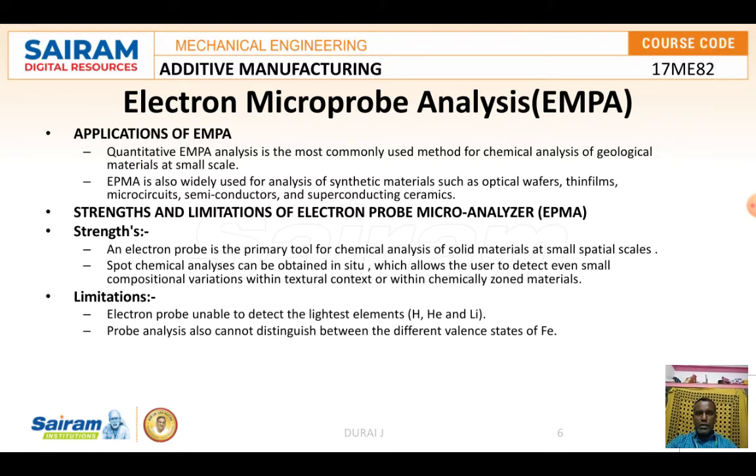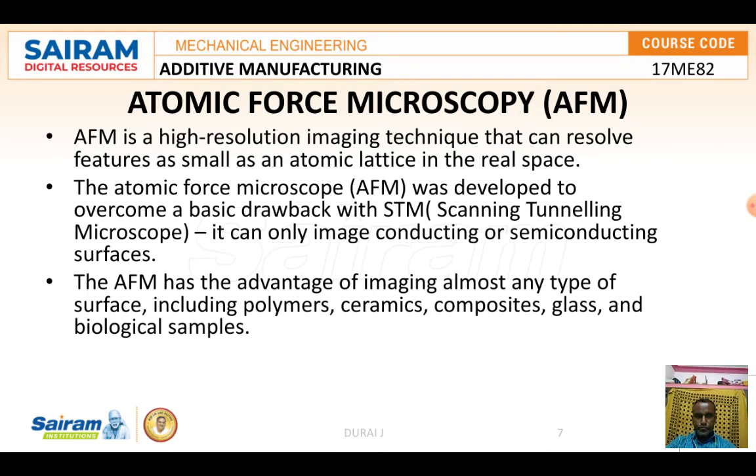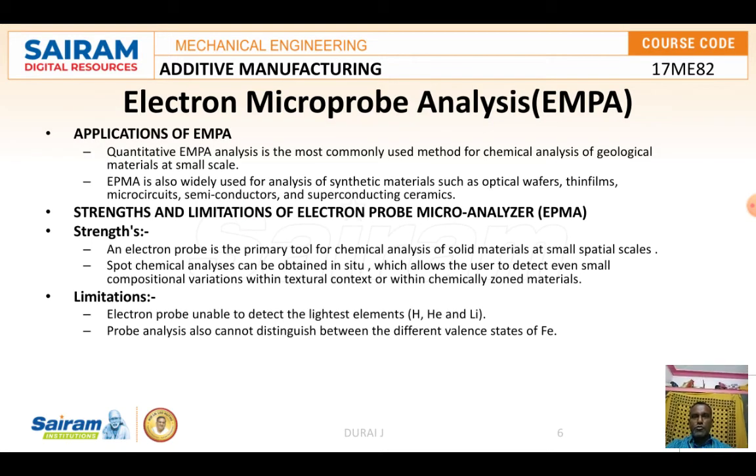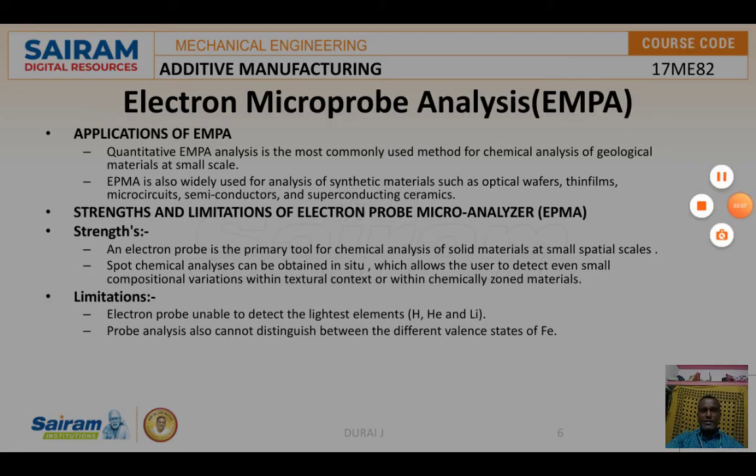Then come the advantages. It is mainly used for quantitative chemical analysis of solid materials at small spatial scales, and electron probes commonly have an array of imaging detectors.